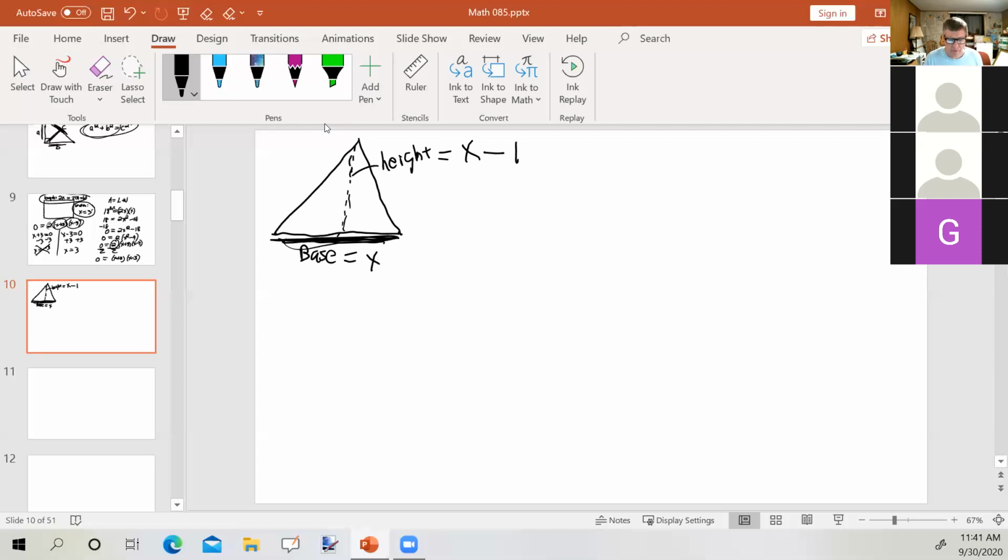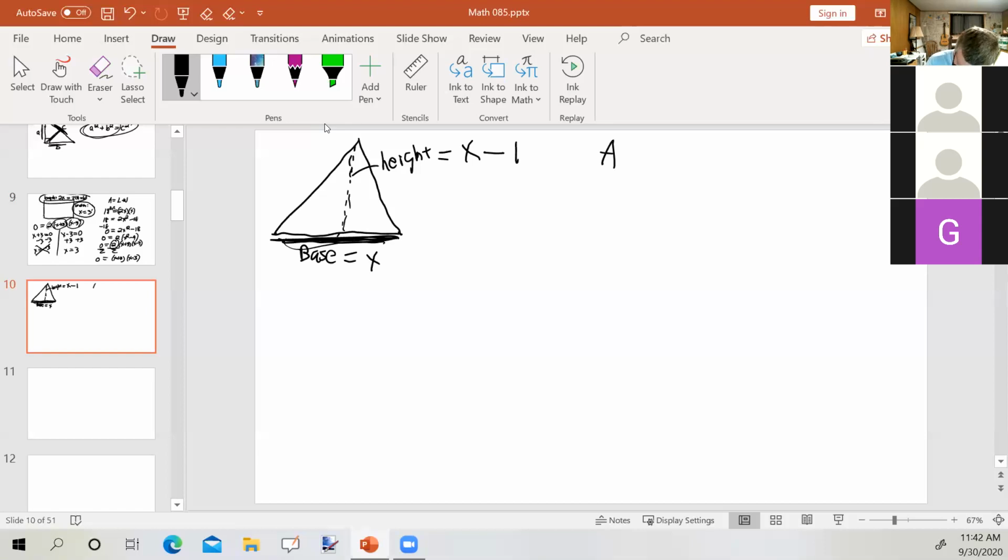All right. Let me read all that again. The height of a triangular shaped logo on a pair of jeans is 1 centimeter less than the base. If the area of the logo is 15 square centimeters, find the length of the base and the height. We're dealing with a triangle and we're given the area.